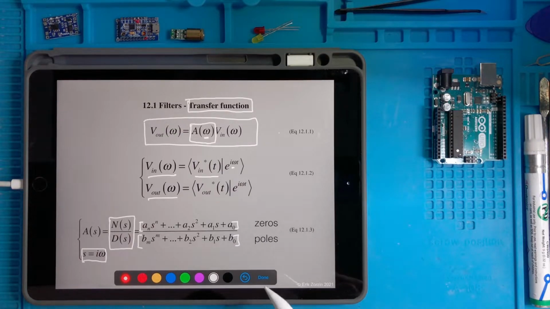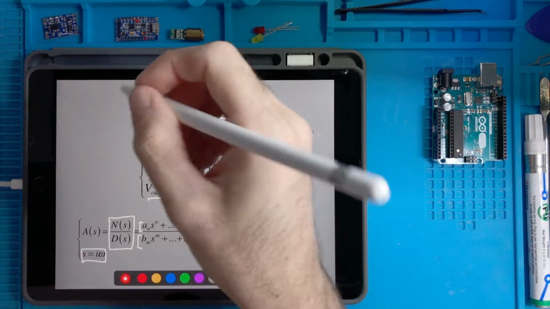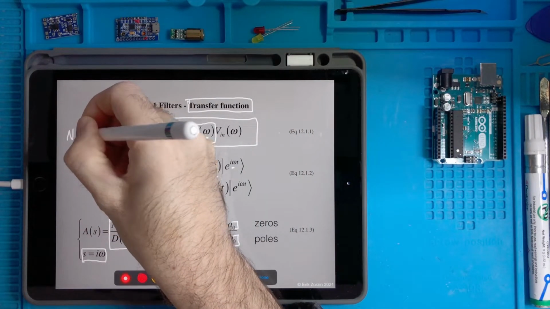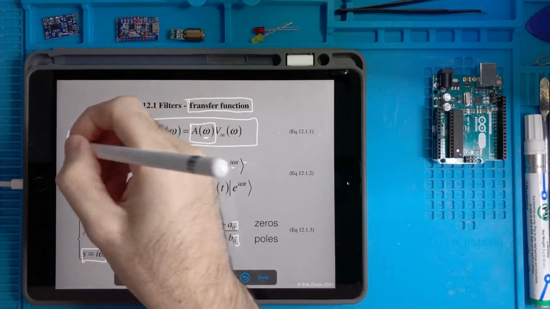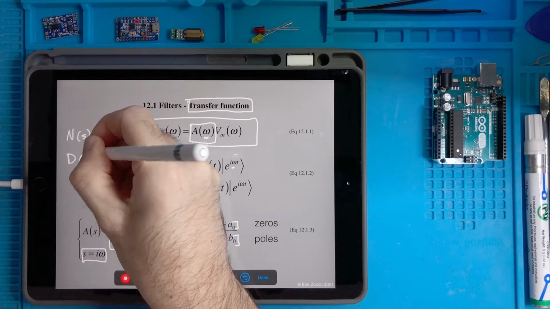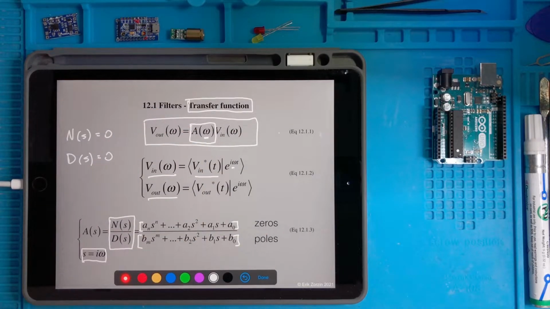So just to introduce a nomenclature, if we write this numerator N of s and we set it equal to 0, and similarly for the denominator, then we obtain two equations, and we can find the solutions of those equations, which are called the roots of the polynomial.